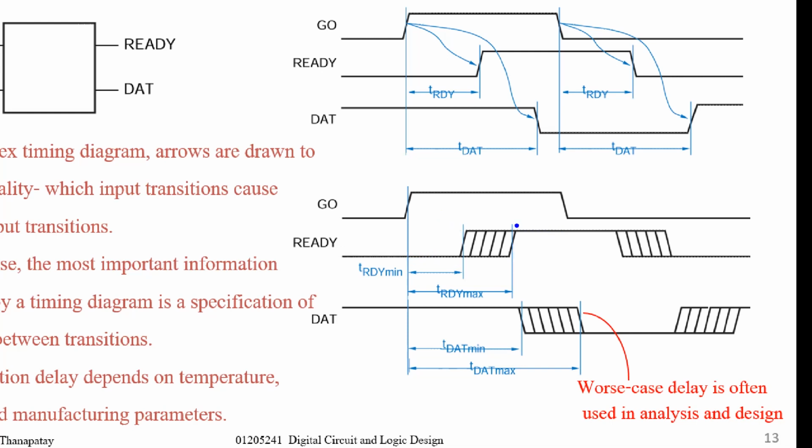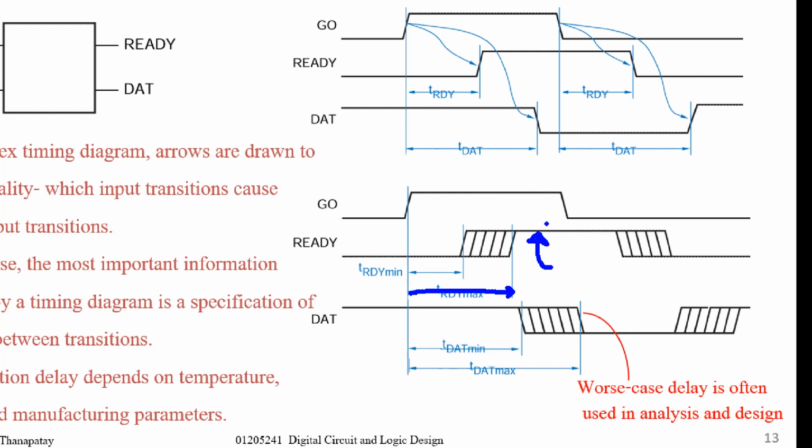So what happens if this go changes and ready maybe changes at this timing or at this time, but in practice you don't know, right? So to make sure that the ready signal is already set, you must wait with this delay, the maximum propagation delay.